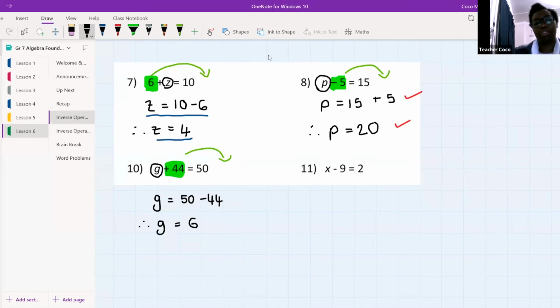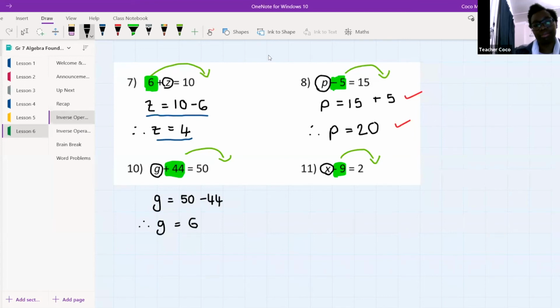Hello. What variable do I want on its own here in number 11? It's the X, ma'am. Good. So what am I moving over the rainbow? It's the -9. Good. So I'm going to move my -9 over the rainbow and it's going to become +9. Good. Give me the next line.